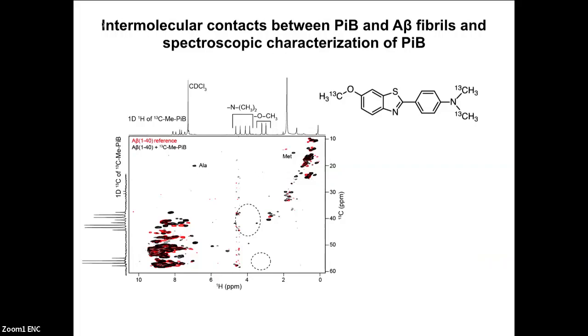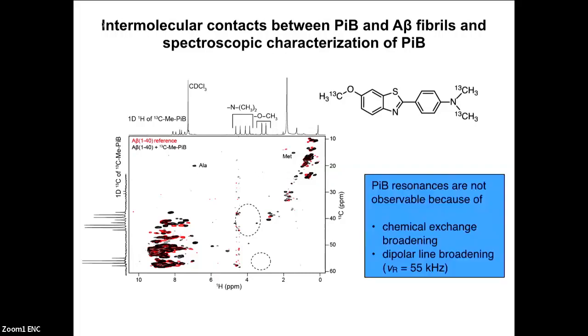And this could have two reasons. On the one hand, it could be that the resonances of PiB are broadened because of chemical exchange. It might go back and forth between different binding sites. Or alternatively, it could be that the peaks are broadened because of dipole interactions, because we are only rotating the sample at 55 kilohertz, and this might not be fast enough in order to detect the peaks.